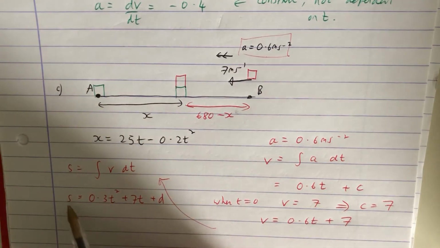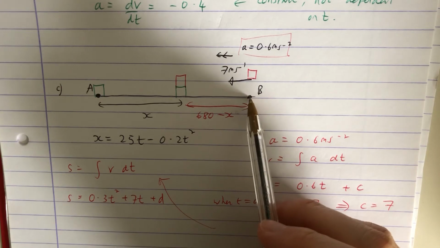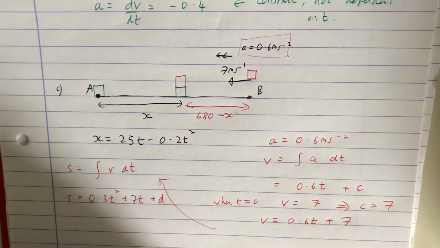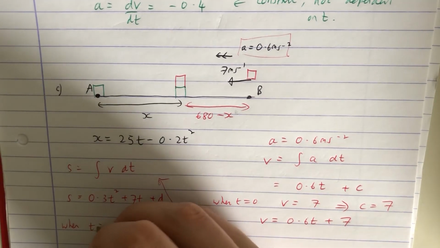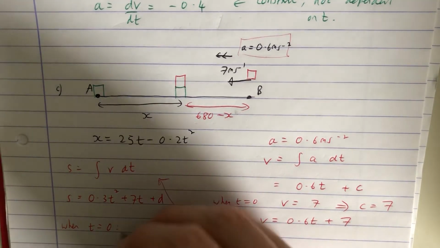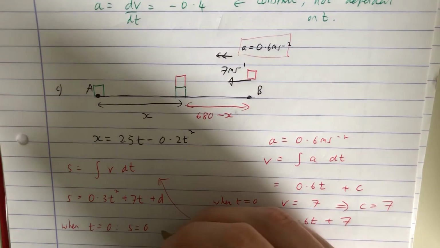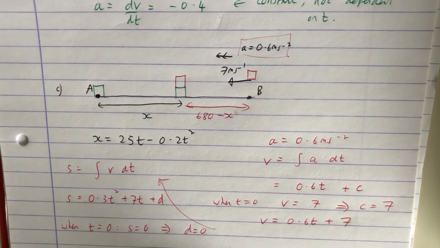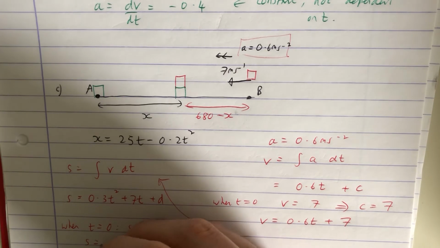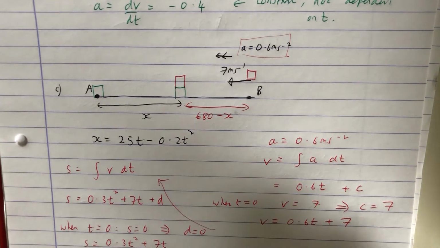And that would be the distance from B. There's enough information now for you to work out what the plus d would be. So when t is equal to 0, s is equal to 0, because it obviously starts at B, which implies d would be equal to 0. So the formula for this would be s equals 0.3t squared plus 7t plus 0.